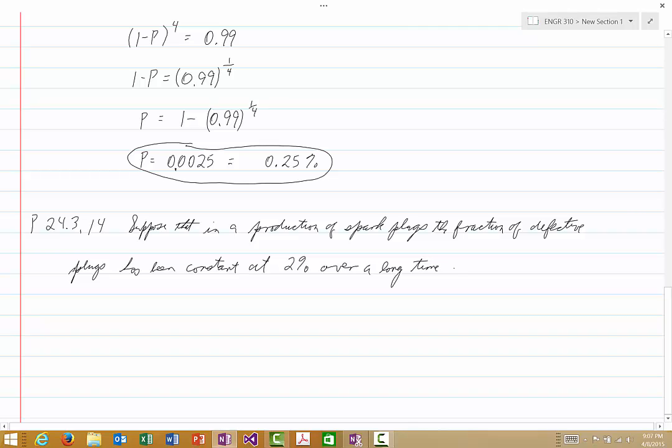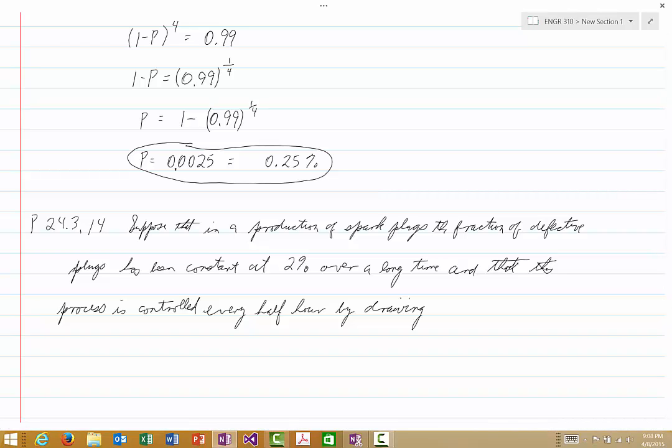And that this process is controlled every half hour by drawing and inspecting two just produced.